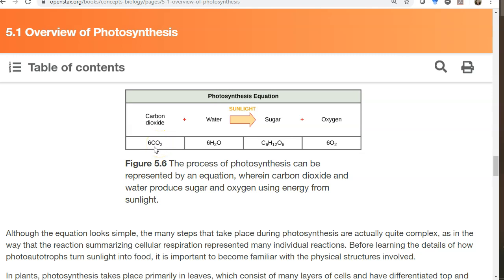A carbon dioxide molecule has carbon and oxygen in a 1:2 ratio. Then we have 6 water molecules. A water molecule has hydrogen and oxygen in a 2:1 ratio. And then look, sugars always have this 1:2:1 ratio. And so knowing that would be helpful in the future.